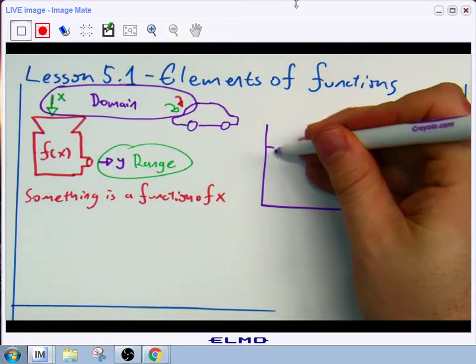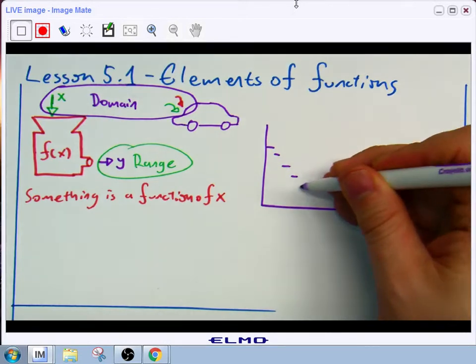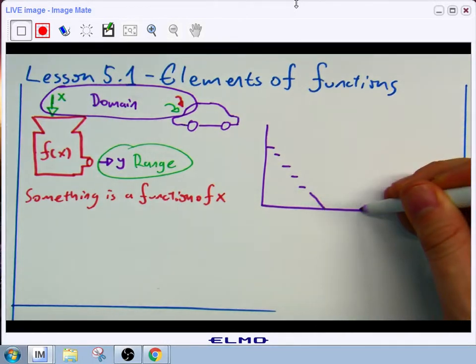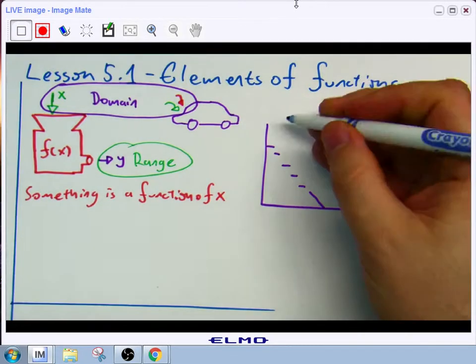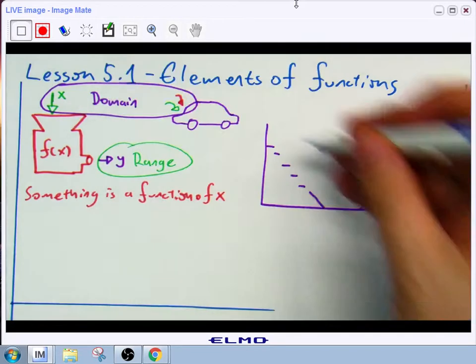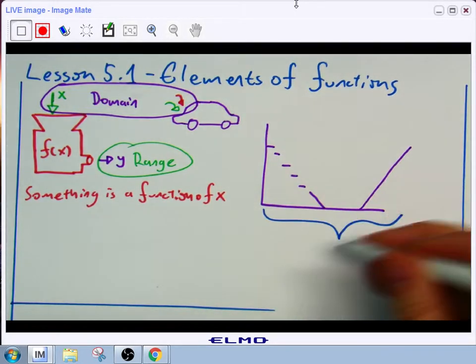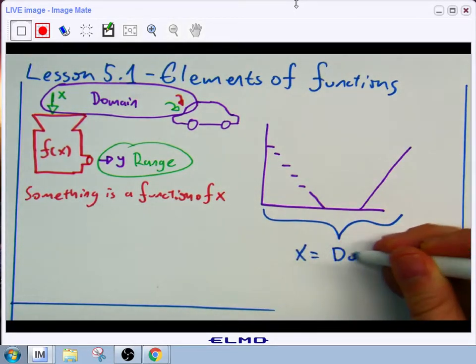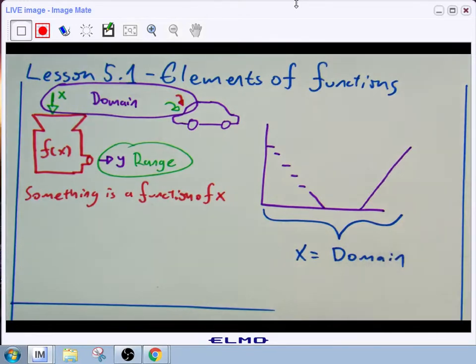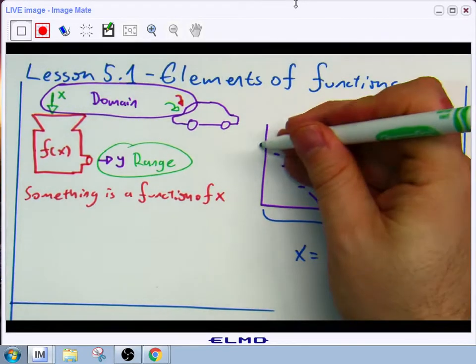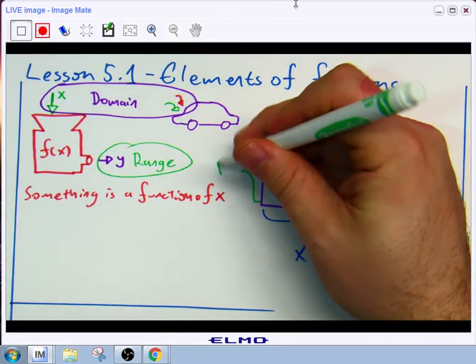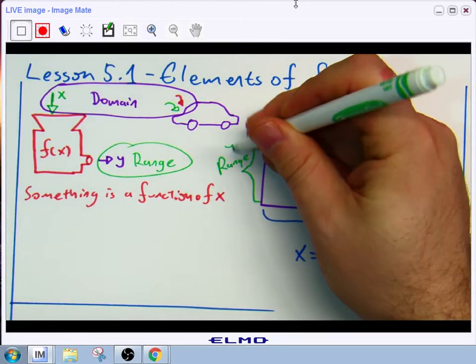So let's think about our example, the pool example from class today. If x is what we put in, our x value is our domain. These are the values we put in. And if what we get out is the water level, that's our range. That's our y.